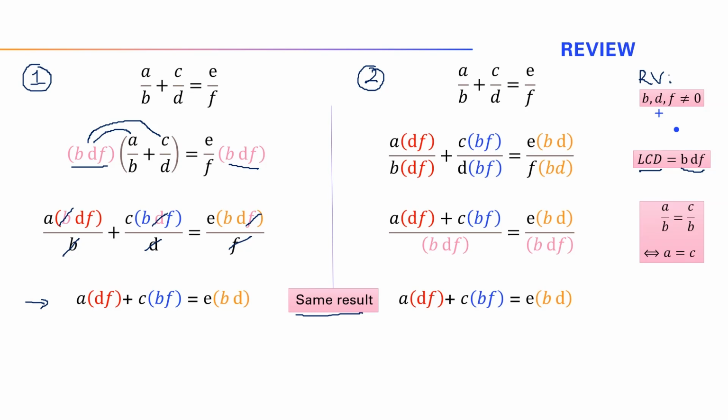On the second way, we have the same problem. We see that we have BDF as the least common denominator, right?